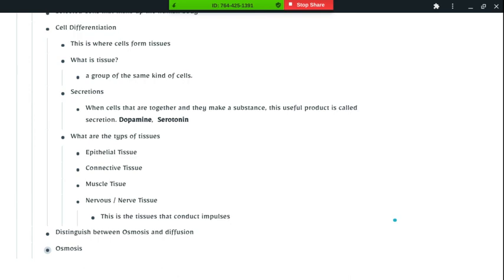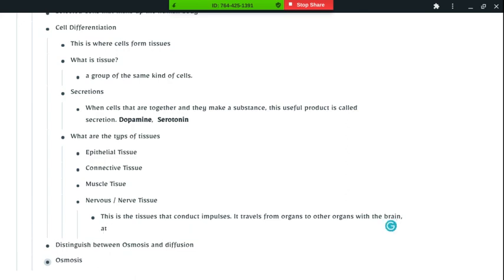So it travels from organs to other organs, with the brain at the focus. Let's define one more.